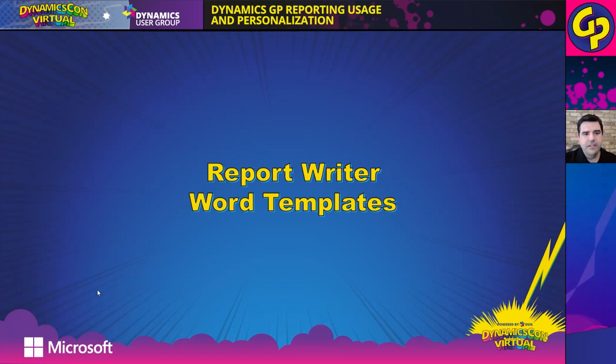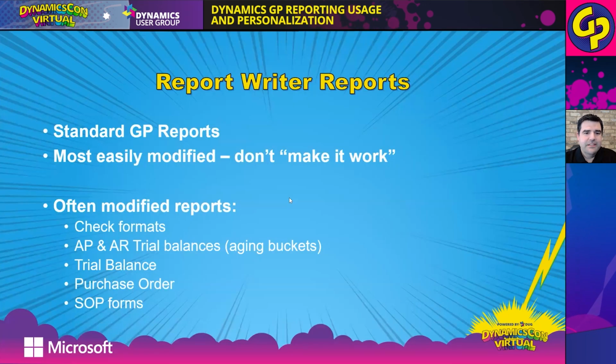So I'm going to talk a little bit, maybe a couple of tips and tricks type of situation here to think about. So Report Writer, just in case that name isn't familiar, it's really those standard GP reports. So it's your posting journals, it's your trial balance. If you're not using Word templates, which we'll mention here, it's also your forms, your purchase orders, your sales order processing, etc. So everybody's using those inside of GP.